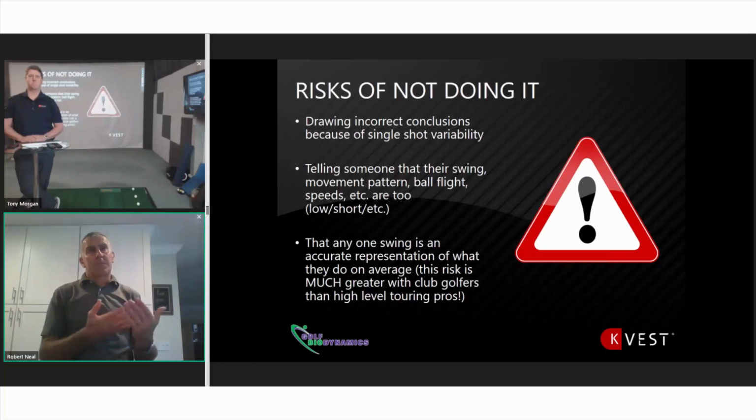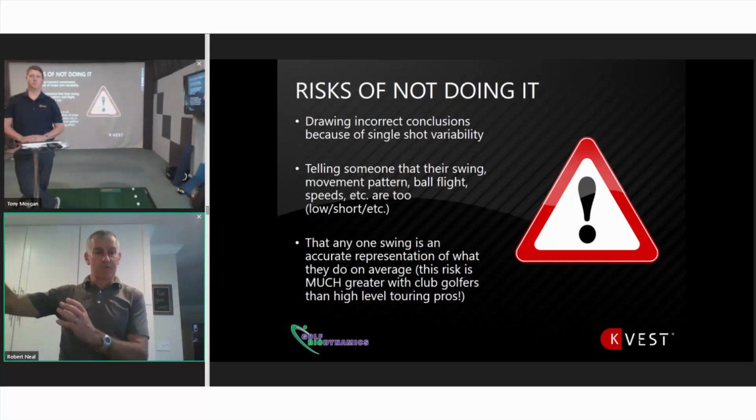I think that by knowing what they do on average, it allows you to compare either to themselves when they're at their best, or as they're improving if you're developing a player, or to give them some measure compared to a tour player set of data, whether that be male or female.